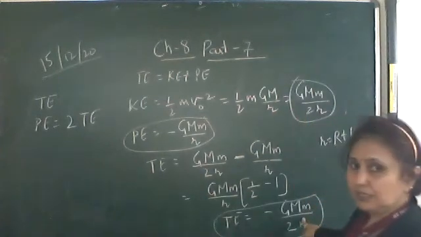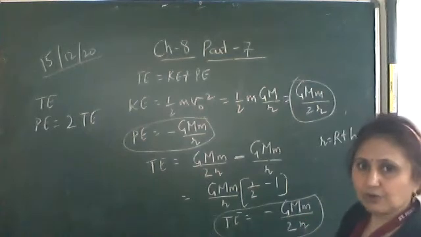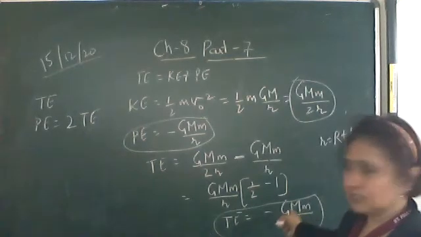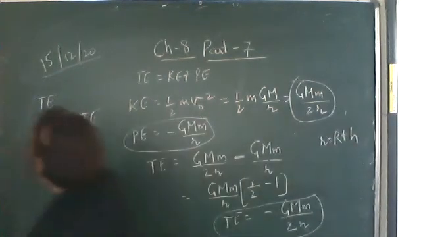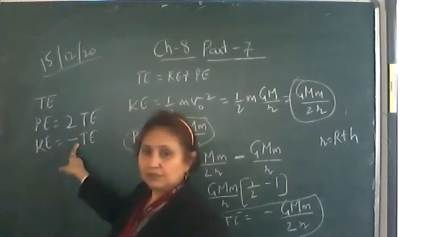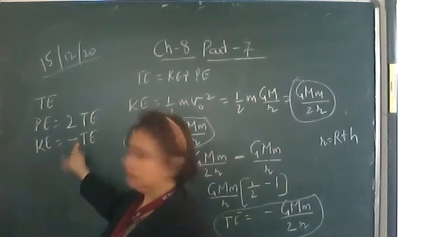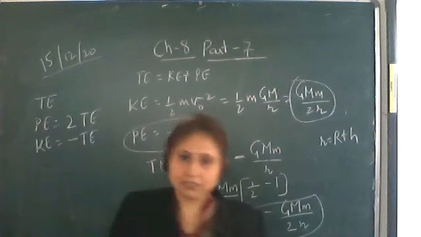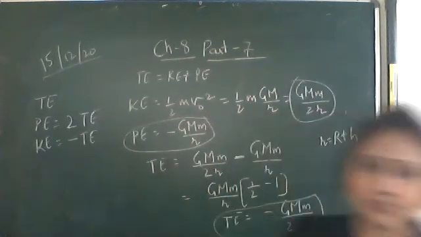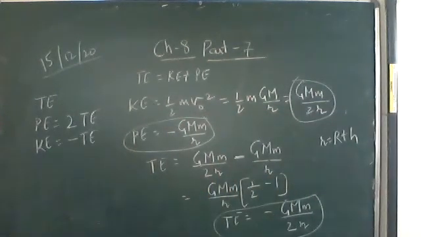Kinetic energy is negative of total energy. Okay, only the sign difference is there. That is, total energy you will get negative, the same value with a positive sign you can write as kinetic energy.